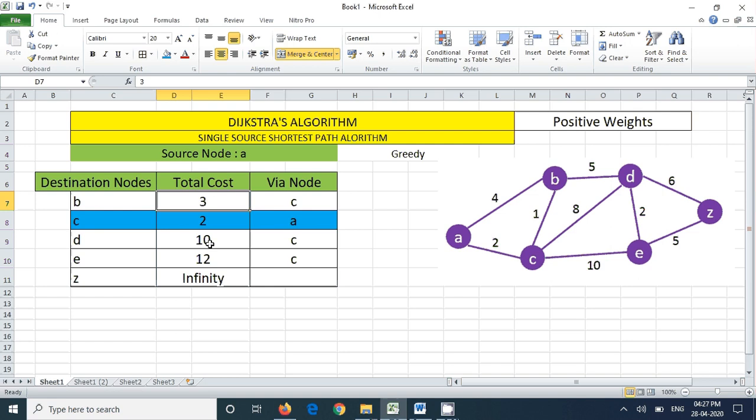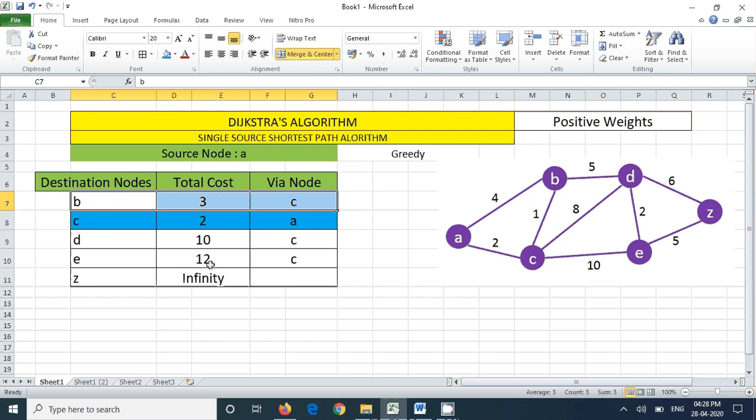I cannot take the D route or E route to come to B with less than 3. So we are fixing it. The same property I explained earlier. A to B is 3, A to D is 10, A to E is 12. So I cannot come to B from A with less than 3 by taking the D route. That means it is fixed. So the smallest one, fix it.